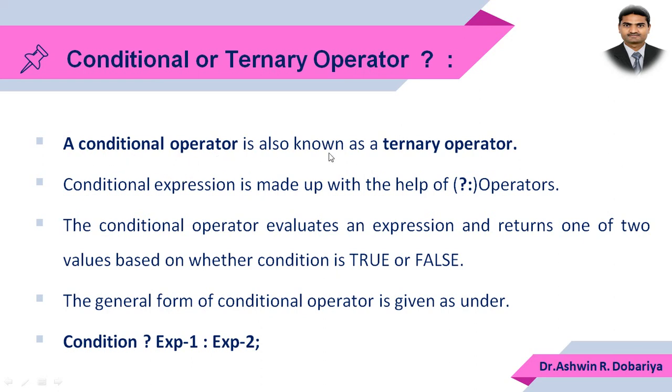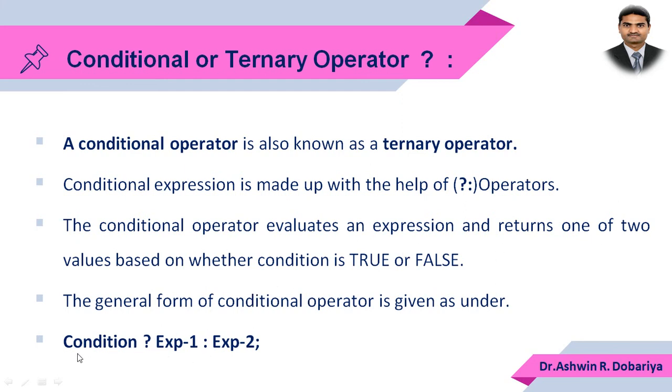So the conditional operator is also known as the ternary operator. Why is it ternary? I think now all of you understood that, because it requires 3 operands to perform its task. A conditional expression is made up with the help of question mark and colon. Here it actually contains 2 different symbols, and the conditional operator evaluates an expression, meaning the condition, and returns one value out of 2.